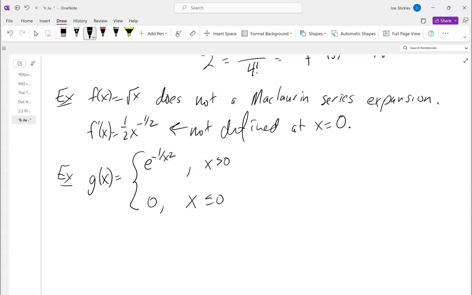The graph of this function is constant to the x-axis and then goes up this way. It's really, really flat here, and then goes up, and then as x gets big, it'll get small again.